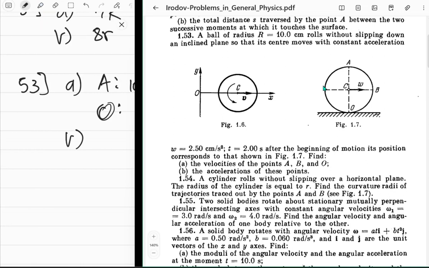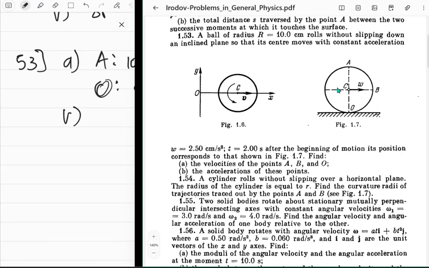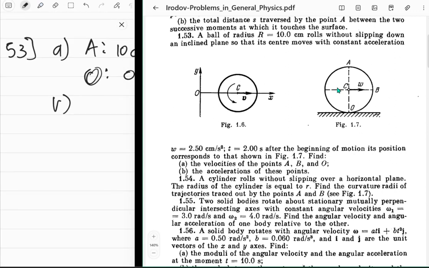That's a different thing. And C is moving with w as well, so there's a pseudo acceleration. So each point, for example A, will have a radial acceleration like this. Oh, we don't want omega squared r, just v squared upon r.